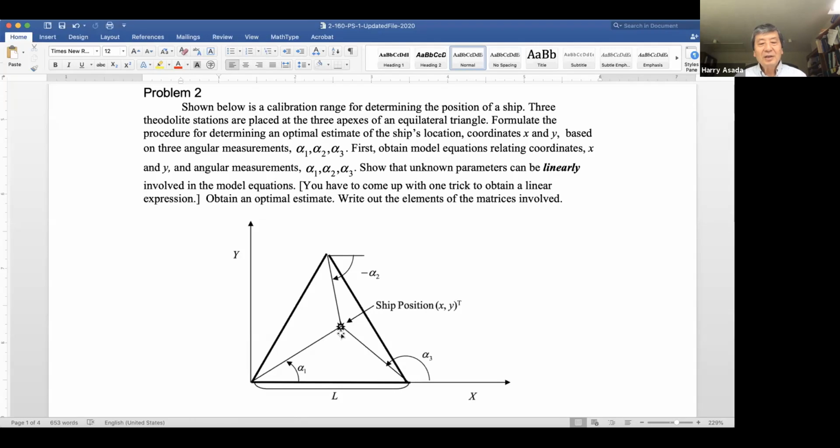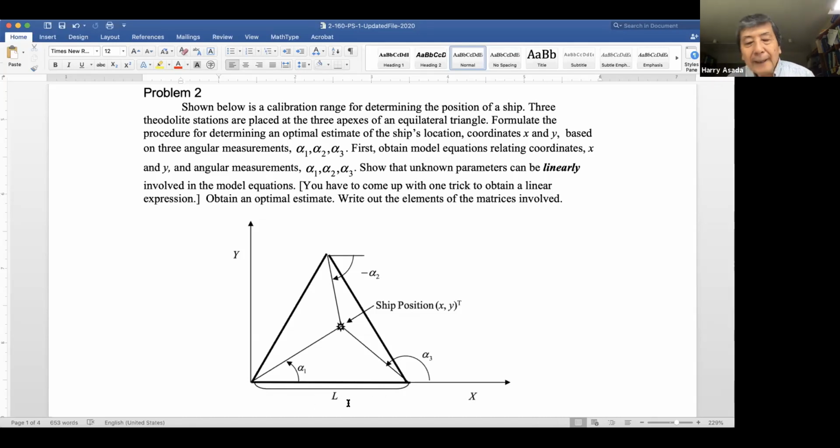You have a ship over here, and then 3 sensor observation stations located at this triangle locations. Distance is actually L, separated. This XY position versus these 3 readings, alpha 1, alpha 2, alpha 3. Of course, L is involved as a known parameter.